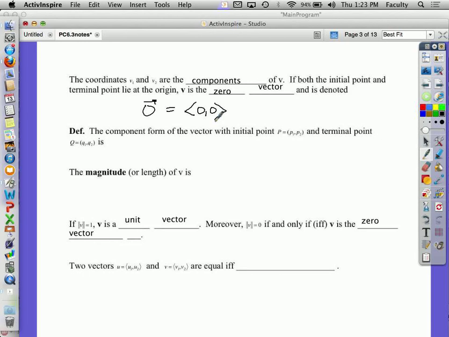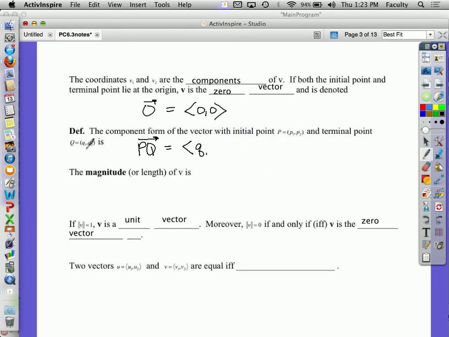All right, the next definition: the component form of the vector with initial point P, which is P sub 1, P sub 2, and terminal point Q, which is Q sub 1, Q sub 2, I can actually convert into component form by subtracting the initial point from the terminal point.